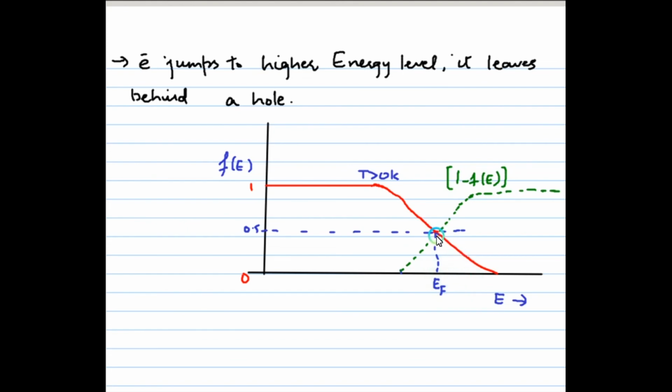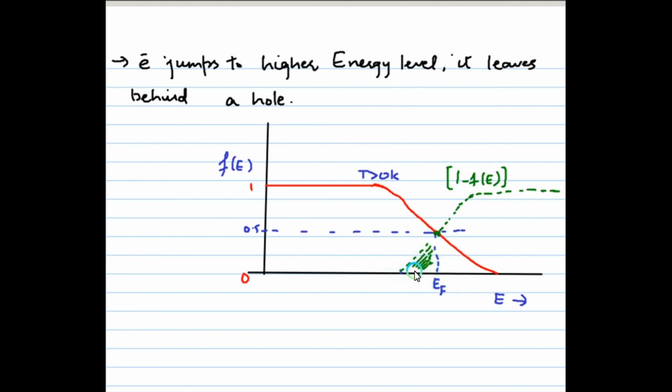Now what do we infer from here? We infer that 1 minus f of E gives the probability that the states are not occupied by the electrons. That means as temperature has started to increase, the lower levels have started becoming empty, shown by the green.